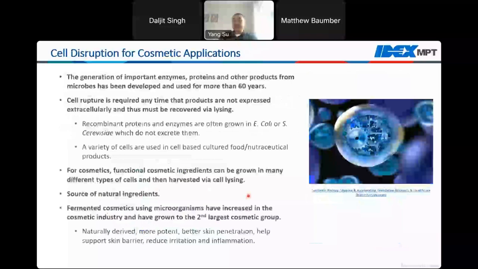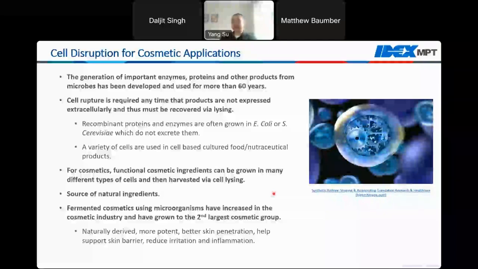Now I'm going to switch gears a little bit here to talk about a different application, which is cell disruption for cosmetic applications. I found this very interesting. The concept of using cells or microbes to produce important products such as enzymes, proteins, and other products is not new.